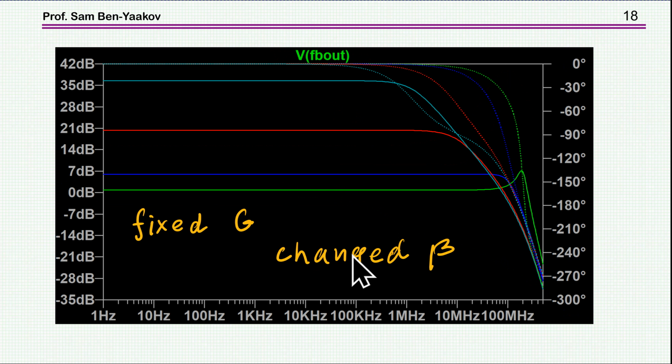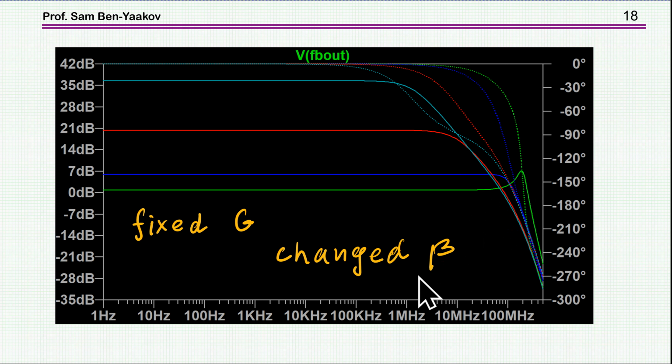And now here is a demonstration of the major difference between the current feedback amplifier and the voltage feedback amplifier. Here I'm keeping G fixed and I'm changing beta, and as you can see, the bandwidth is changing from here to here to here to here.